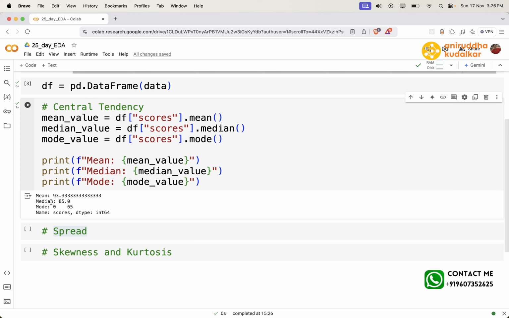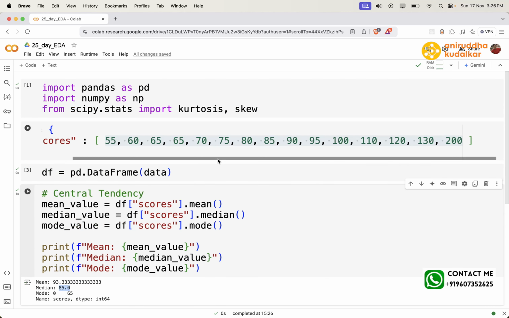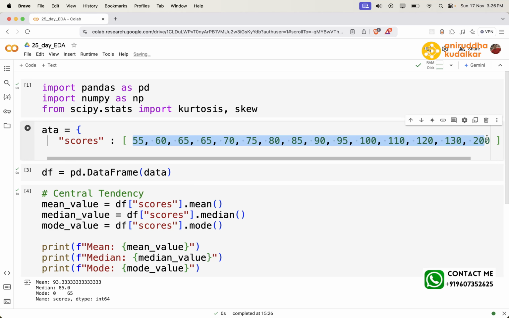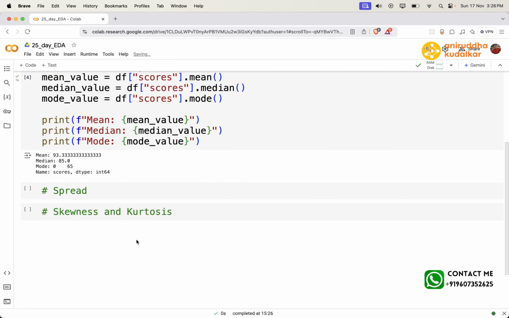If you see, the mean is 93 point something and the median is 85 something. Remember that the mean calculates the average value. The median finds the middle value of the sorted data.